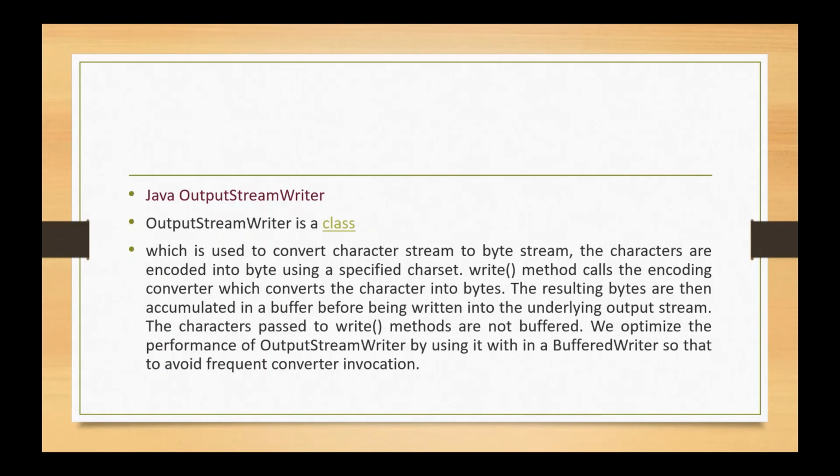Output stream writer is used to convert the character stream to the byte stream. The characters are encoded into bytes using a specified charset. The write method calls the encoding converter, which converts the characters to byte data. The resulting byte data are then accumulated in a buffer.